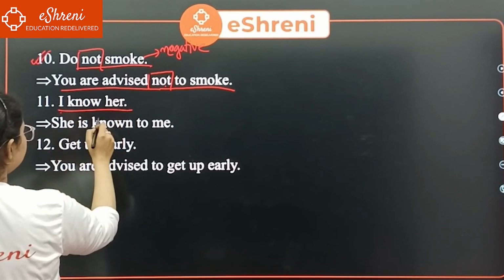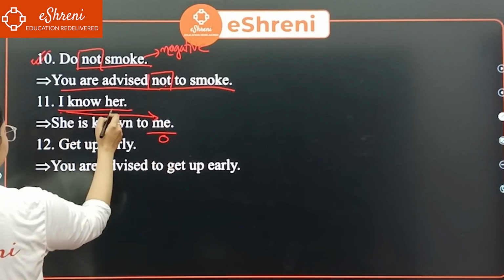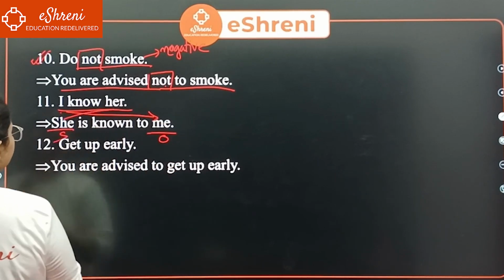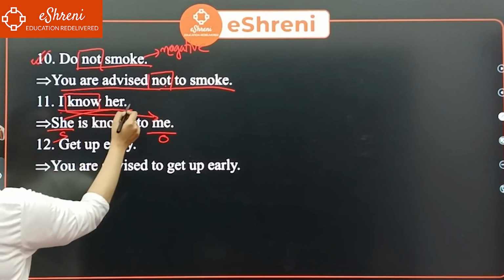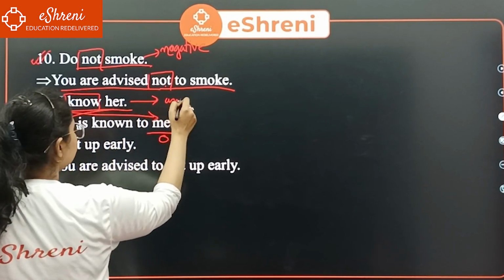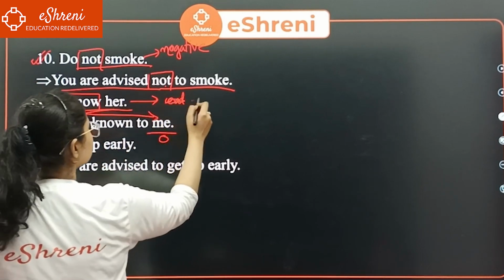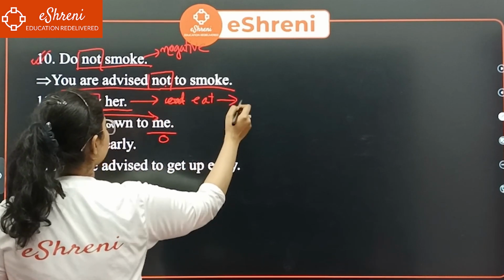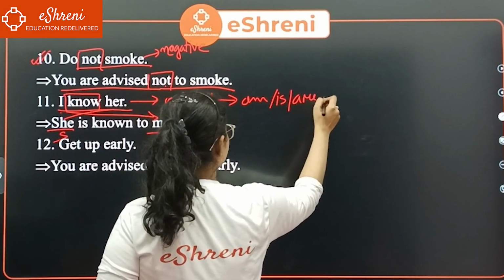I know her. So I know her becomes she is known to me, because I will become the object of the sentence and her will become the subject. So she is known to me. Here it is in simple present tense, so am, is, are. I eat rice: if you remember, it will become am, is, are eaten.